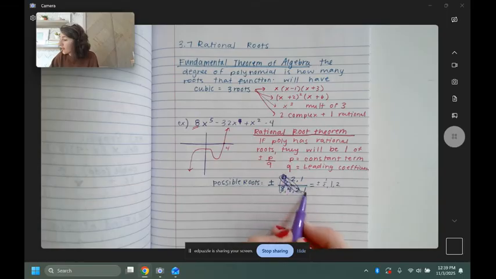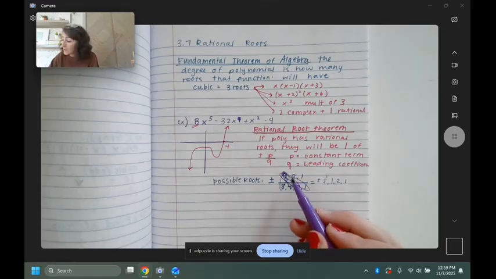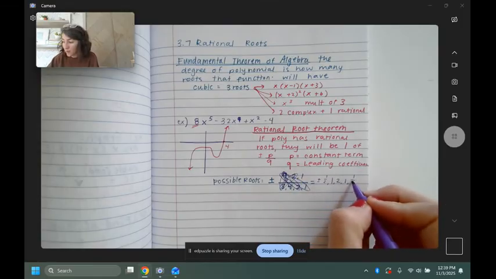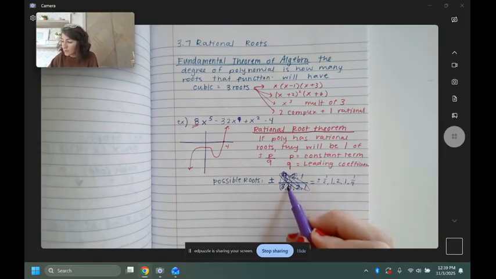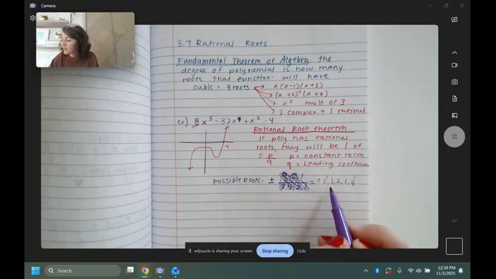And 4 divided by 1 is 4. I don't want to repeat any of these, but let's look at the next one. So 2 divided by 8, I can reduce that to 1/4. 2 divided by 4 is 1/2. I already have that. 2 divided by 2 is 1. I already have that. 2 divided by 1 is 2. I already have that.